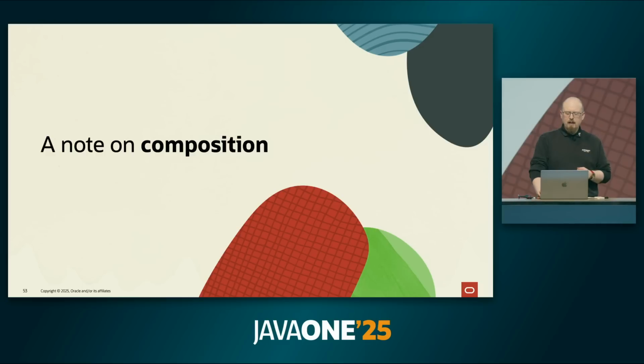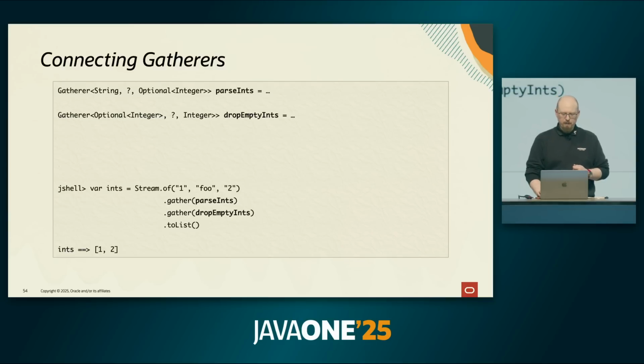I have another interesting point here, and I think this is a very subtle thing. A gatherer has an andThen method, just as Function has an andThen method, so you can compose gatherers in a similar fashion to how you compose functions. Let me show you what I mean. Say we have a gatherer that takes strings and produces an optional integer, so it's a parsing gatherer.